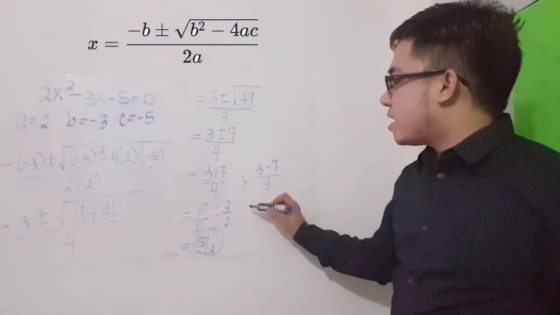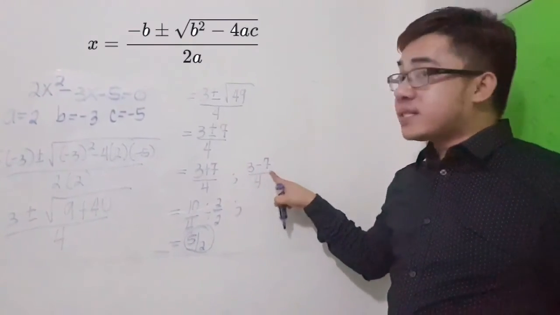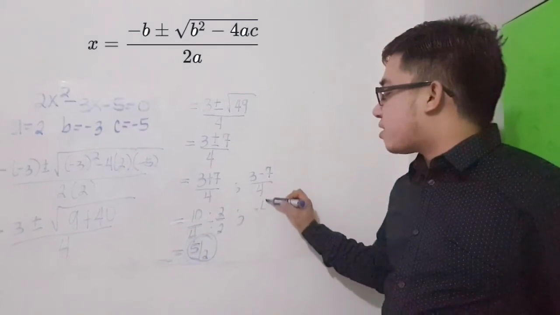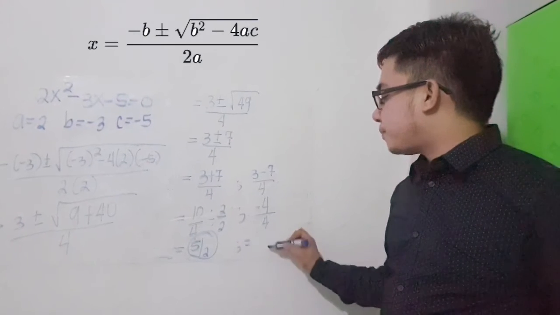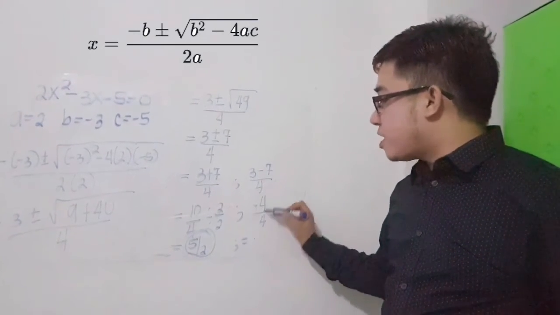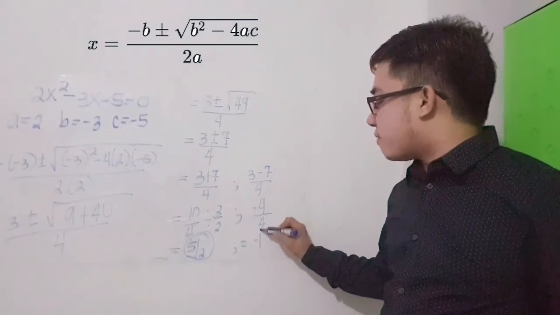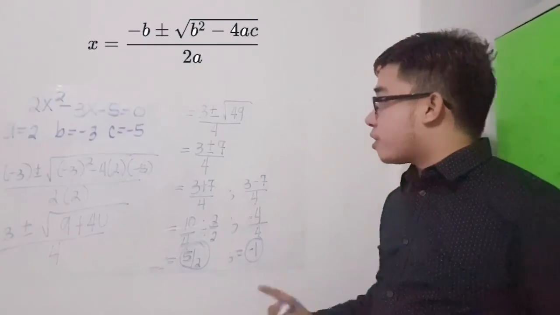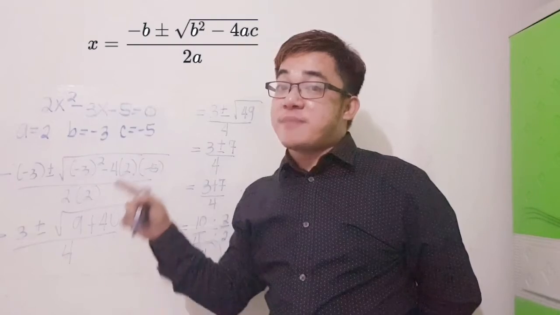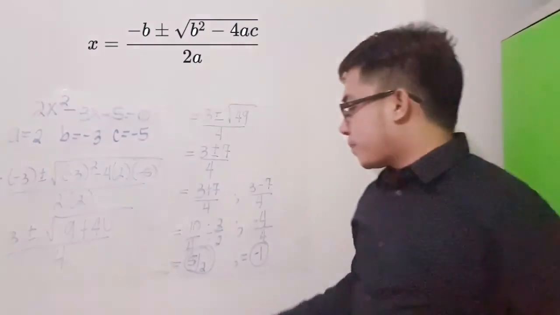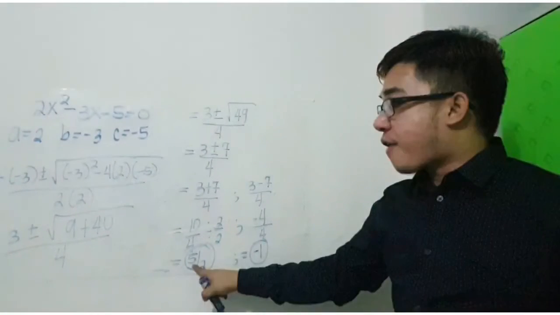And the other one is we have 3 minus 7, which is equal to negative 4, all over 4. Negative 4 divided by 4 is negative 1. Therefore, the roots of 2x squared minus 3x minus 5 equals 0 are 5 over 2 and negative 1.